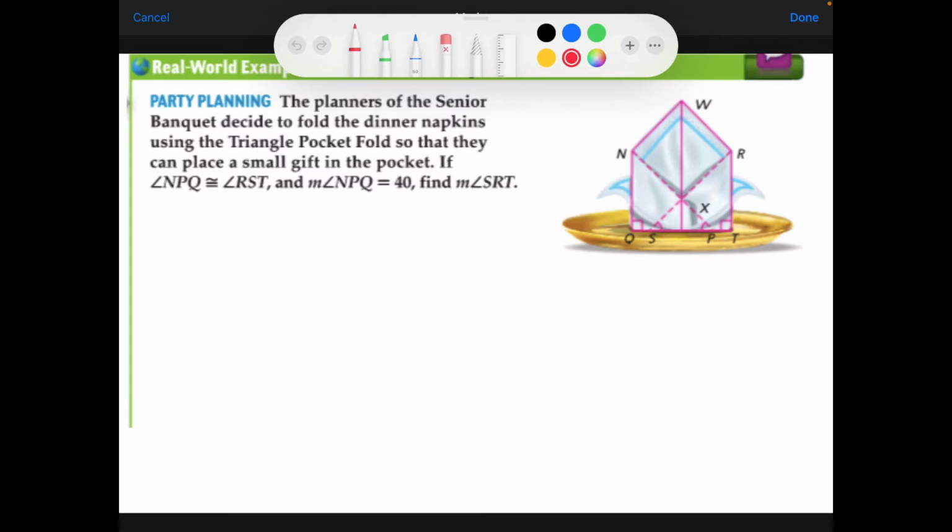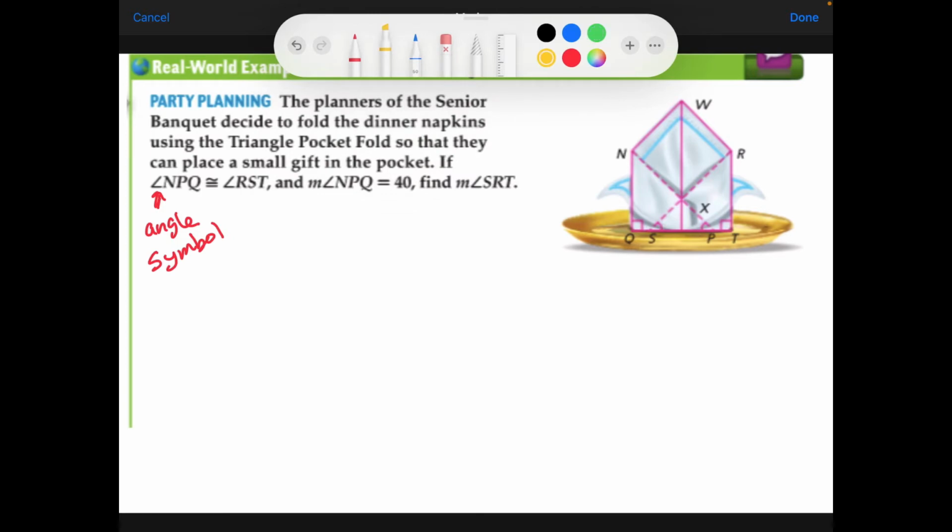Now, it says if angle, this is the symbol for angle, NPQ, so I'm going to trace it here for all of us to see. Let's see how big this is. It's pretty small, so that's good.